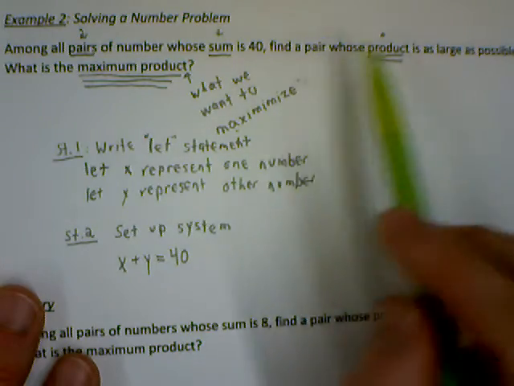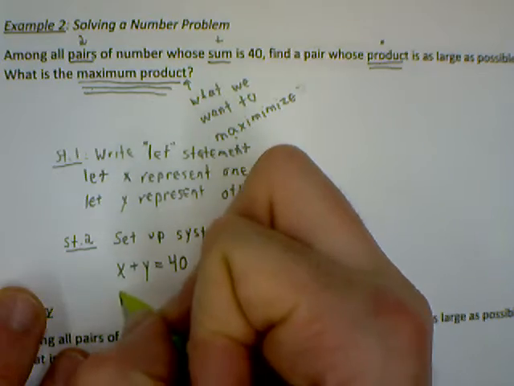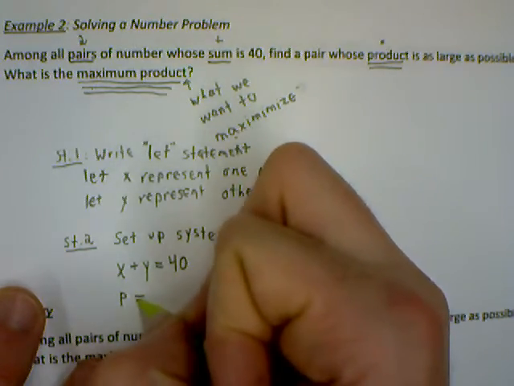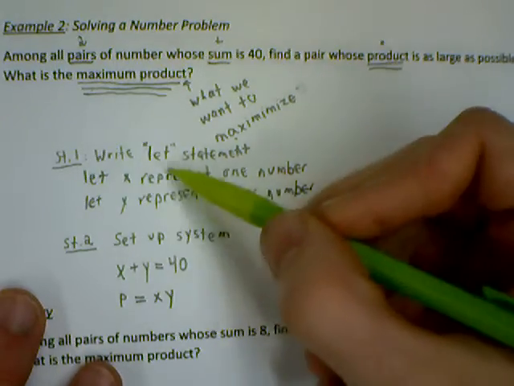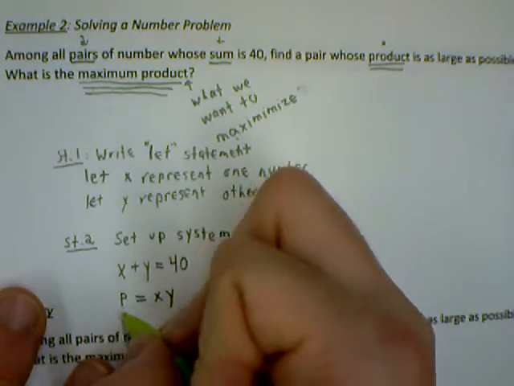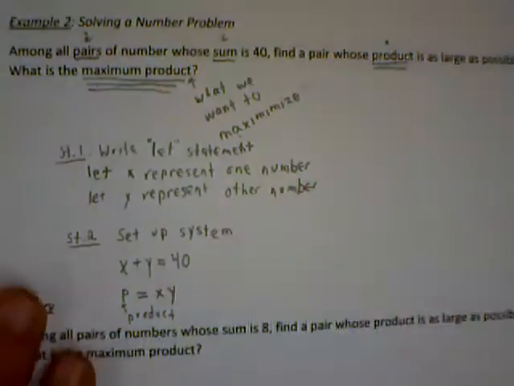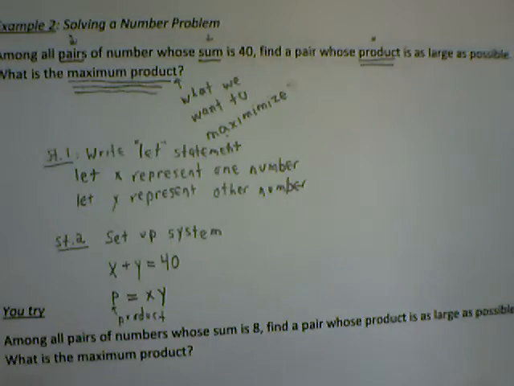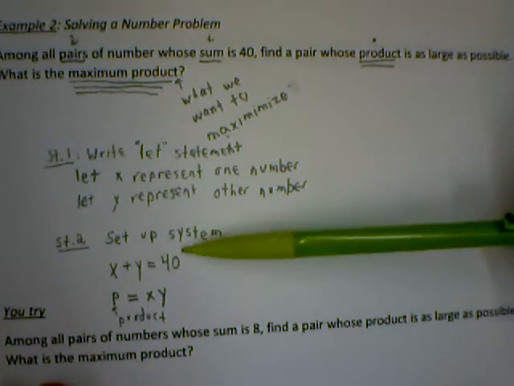I also want to maximize their product. So maybe I could say the product equals x times y, because we're multiplying the numbers to get the product. So P here represents our product. After that, we're going to try and put these two equations together using substitution.